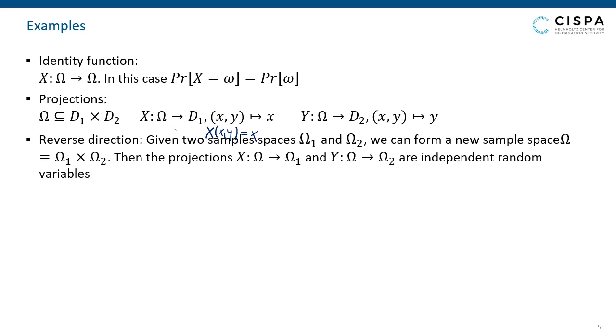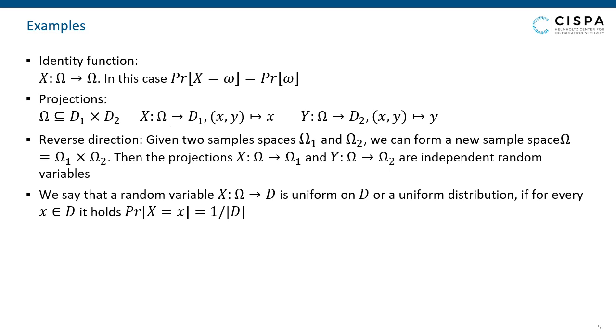Next, we can also do this in the reverse direction. Given two sample spaces Omega 1 and Omega 2, we can form a new sample space Omega by taking the set product Omega 1 times Omega 2. Then we can define the projections as above, and those will now be independent random variables.